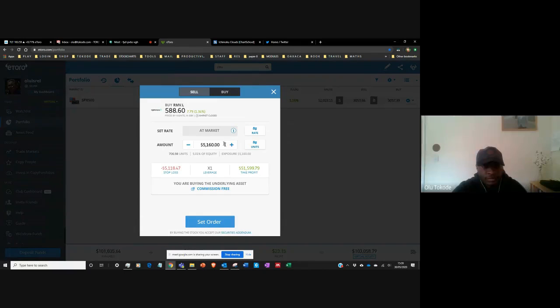I don't even know how they use units. I don't fully understand all those units, which is why I like eToro. What I just do is ask, how much am I willing to pay? One share costs 588, so I put 588 there.